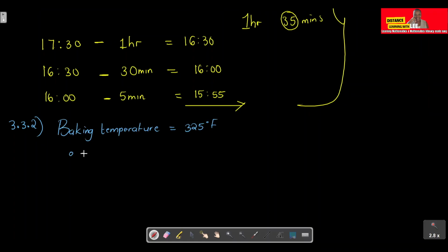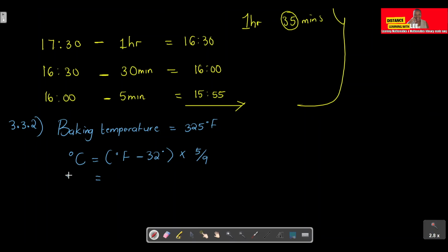So I'm going to write the formula down quickly. To convert from degrees Fahrenheit to degrees Celsius, it's going to be the degrees Fahrenheit minus 32 degrees, multiplied by 5/9. Then we're just going to substitute everything into this equation.